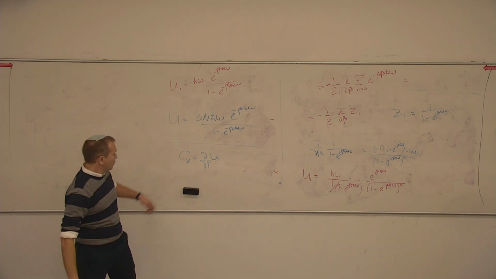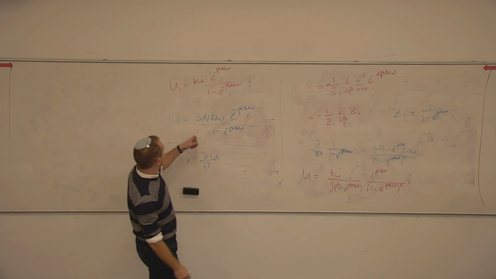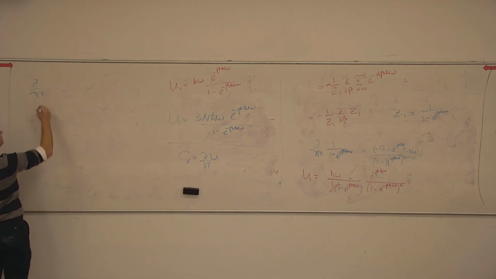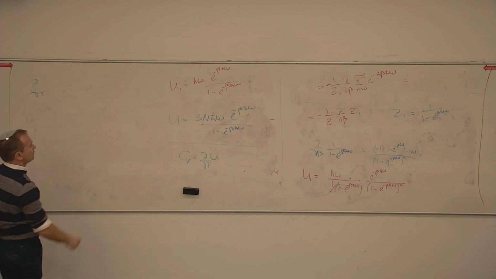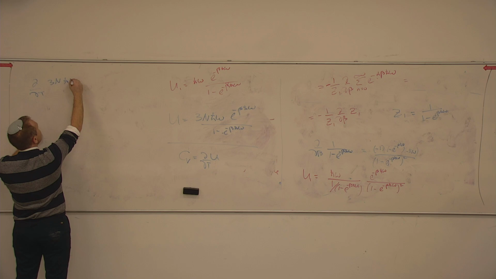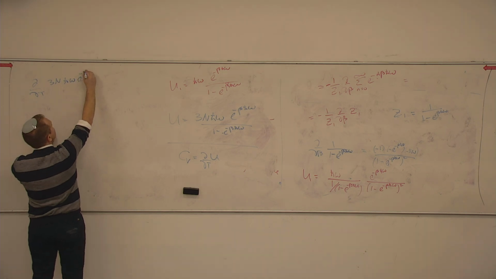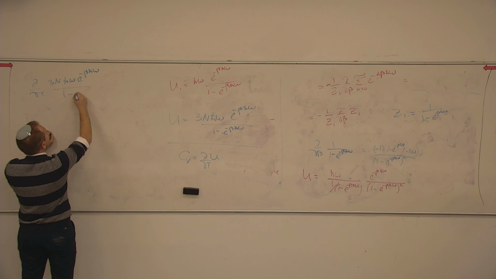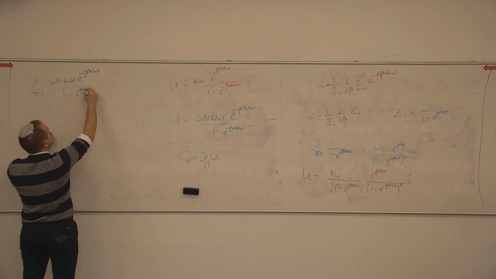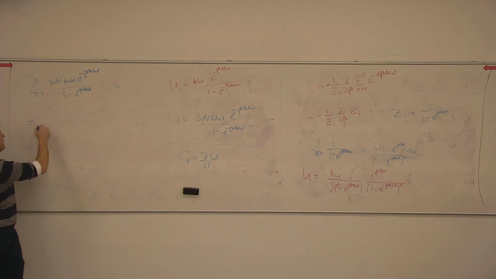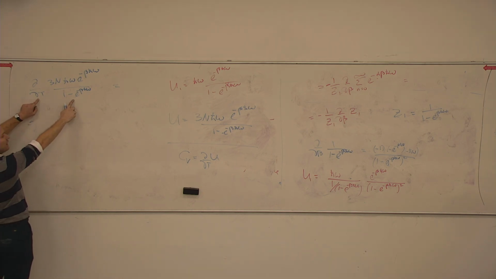So this is u. We need to take d dT of 3n h bar omega e to the power minus beta h bar omega divided by 1 minus e to the power minus beta h bar omega. So, let's take the derivative with respect to beta, and then take the derivative of beta with respect to T.